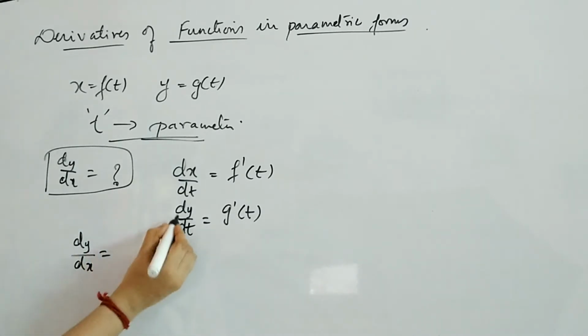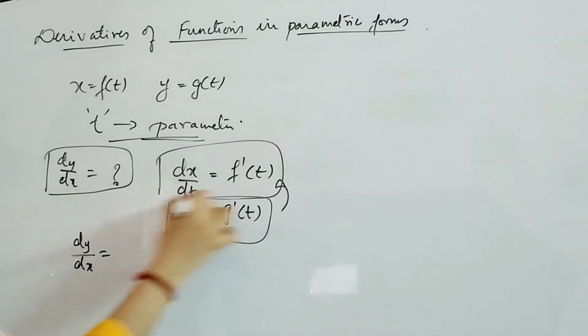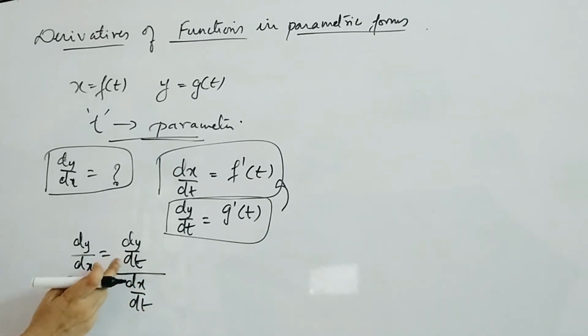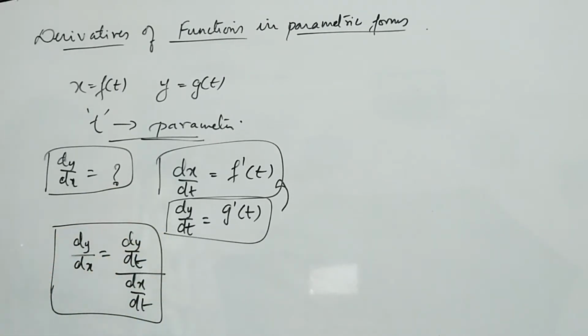And to find dy by dx, which is your final thing, you take dy by dt divided by dx by dt. You just see dt cancels, and you get dy by dx. So this is the process you have to use for parametric form.